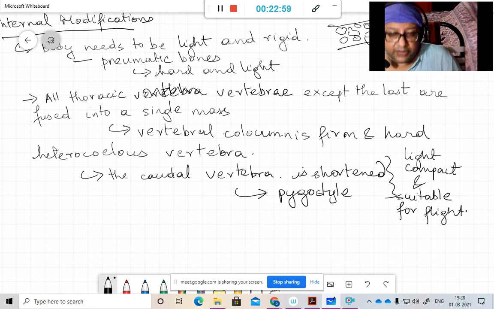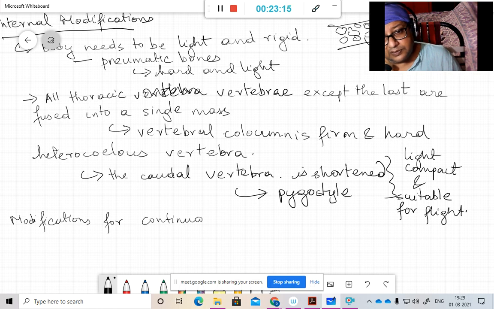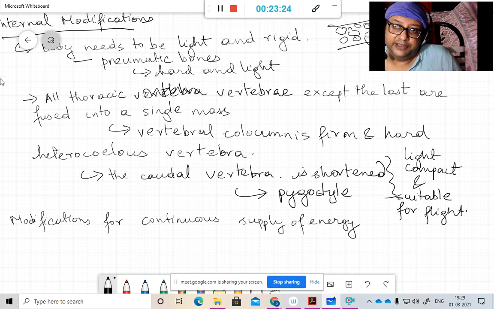Now let us look at some modifications for continuous supply of energy.